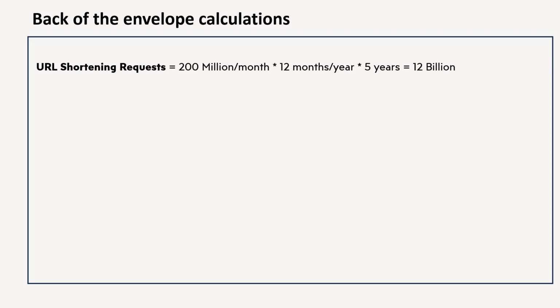So how many requests are we going to get in 5 years? We multiply 200 million by 12 months per year, and then by 5 years, because we are going to save each request for 5 years. So in 5 years, we are going to serve 12 billion requests for shortening.